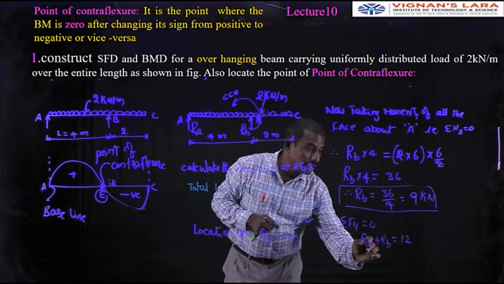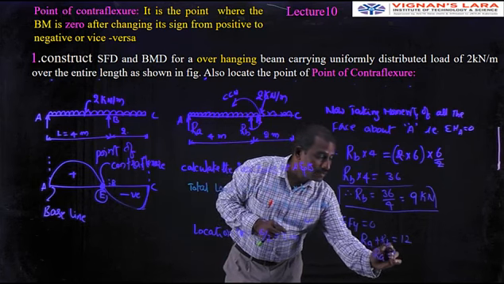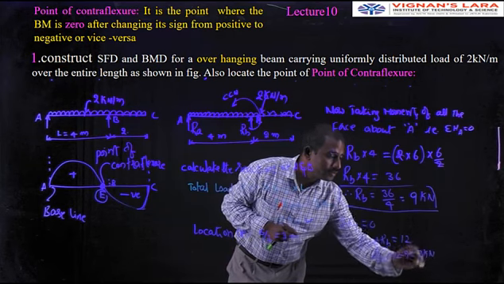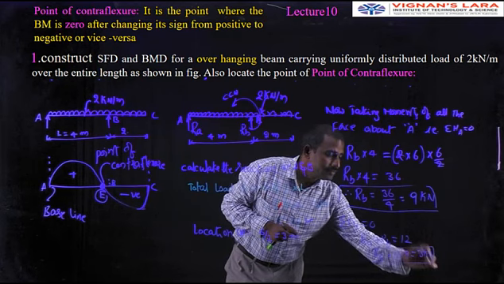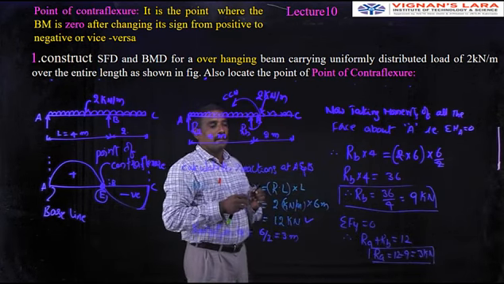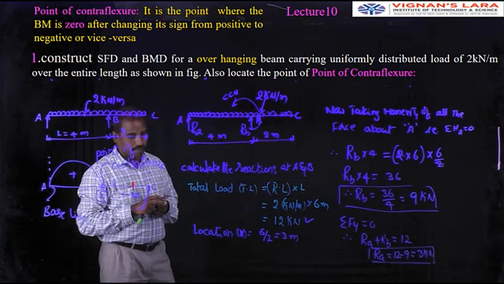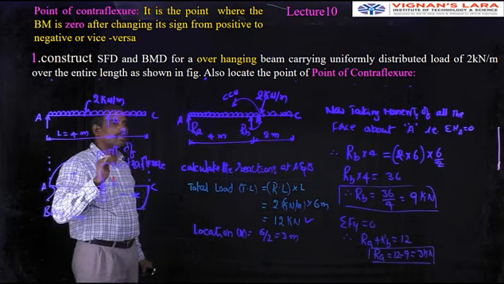We know RB, so RA is equal to 12 minus 9, that is 3 kilonewtons. So we calculated the reaction forces at A and B.